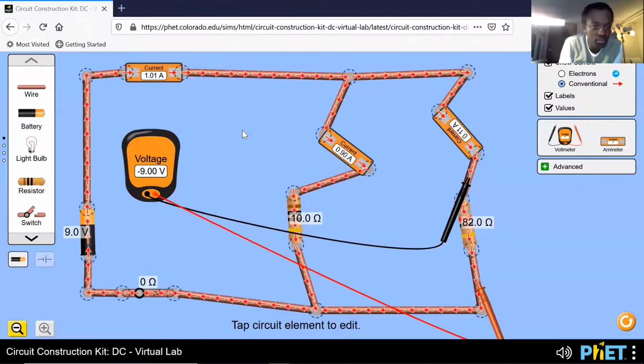So let me read your questions. So we have to use resistance from 3 to 5. Well, it says in the instructions file what values you have to use. This question also says in the instructions.